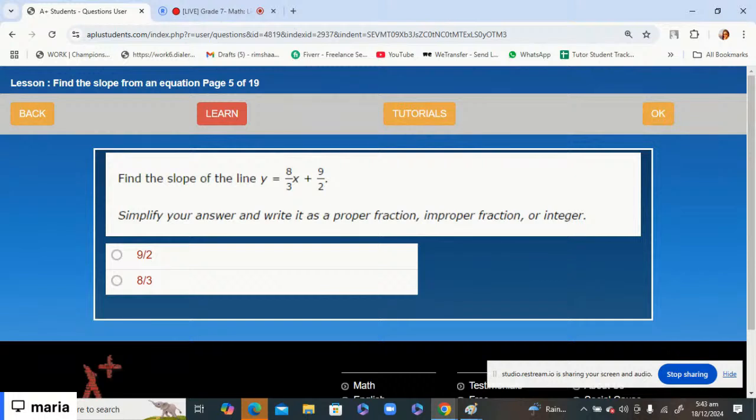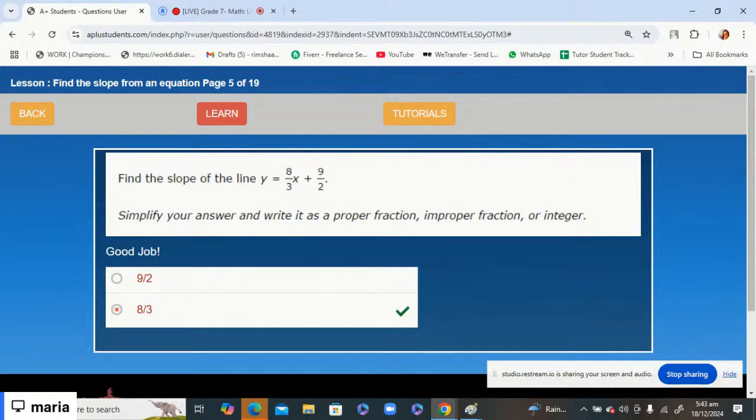So it's 8 by 3. That is your slope. Okay. So we are going to move with 8 by 3, not 9 by 2. Okay. 9 by 2 is your intercept. It's not your slope.